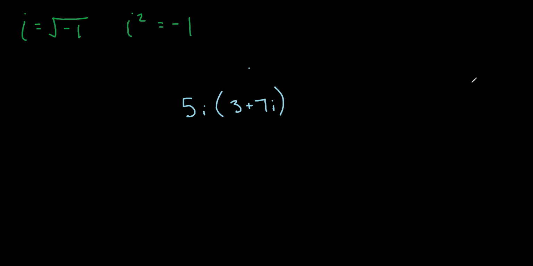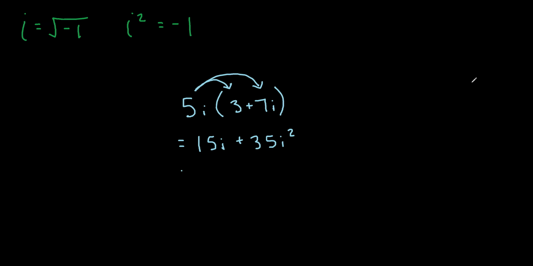Let's try another one. Let's say we have 5i times 3 plus 7i. How can we multiply these values? Well, we can just distribute this 5i. So we can say 5i times 3, that's 15i, plus, and then we can say 5i times 7i, so that's 35i squared.